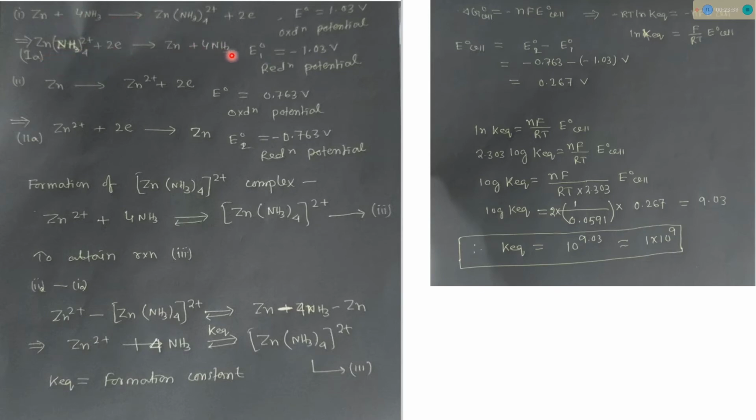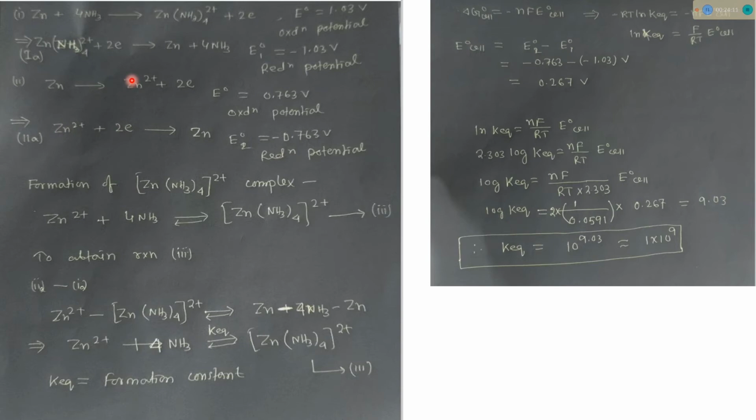So I write the reduction reactions. Zn(NH3)4 2+ accepting 2 electrons turns into neutral zinc and 4NH3. So the E0 value, E0 1, I write with the opposite sign. This is the reduction potential, this is the oxidation potential. For the second case they are given as oxidation potential, so I rewrite it as the reduction reaction, with reduction potential.